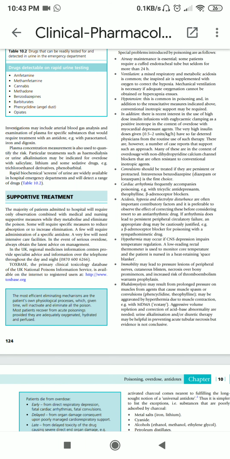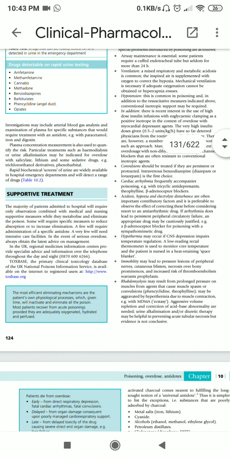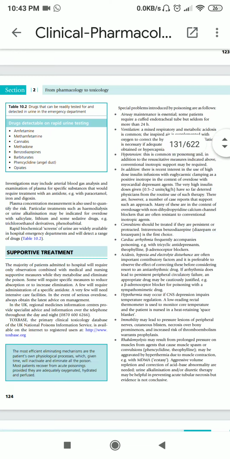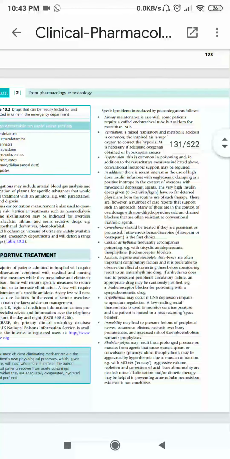Here they have given us a website, www.toxbase.org. Over here the toxicology information about the poison is given. So the doctor has to find out the proper cure with this data.